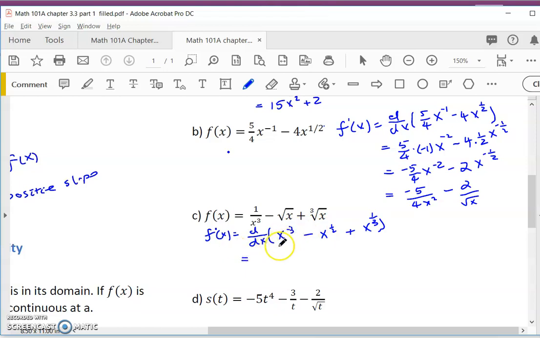Now we're ready to apply the power rule. So the power is -3, so we would say -3 x to the -4. Then minus, the power is 1/2. And 1/2 minus 1 is -1/2. We did that in the last one. And then what about 1/3? We just do 1/3, and it will be 1/3 minus 1 is -2/3.